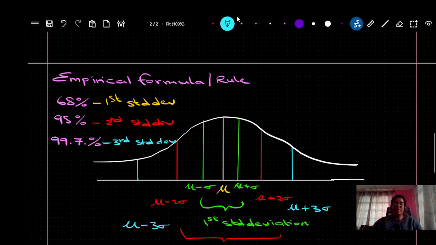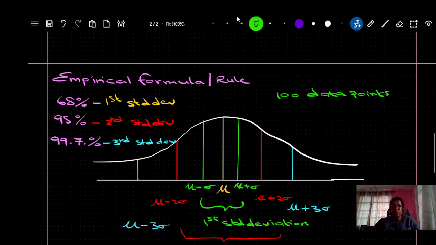What this means is that, let's say you have 100 data points. The mean for these 100 data points is 30, and whenever you do some calculations, you get a value of, say, 32.